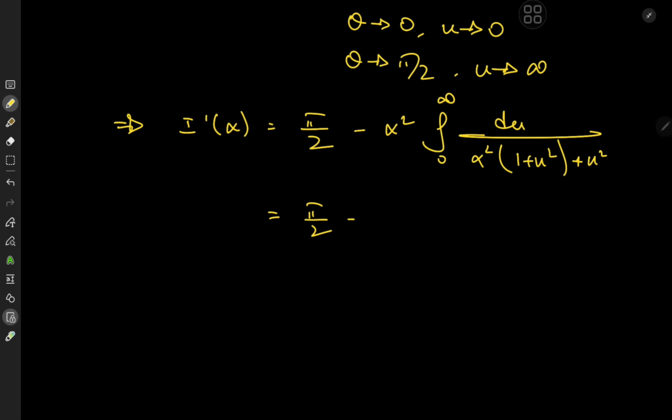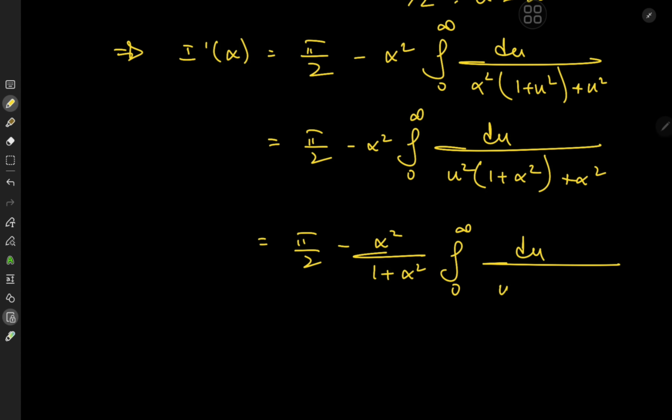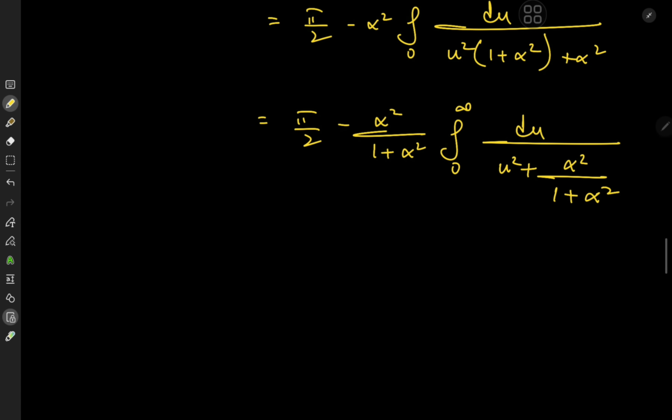We can factor out u squared and leave behind 1 plus alpha squared, and then we have alpha squared over here. Looks like I have not messed anything up yet, and this equals (pi over 2 minus alpha) squared. From the denominator, I'm going to factor out 1 plus alpha squared. So we have 1 plus alpha squared, integral 0 to infinity du over u squared plus alpha squared over 1 plus alpha squared, which is absolutely beautiful because that's an arctangent integral.